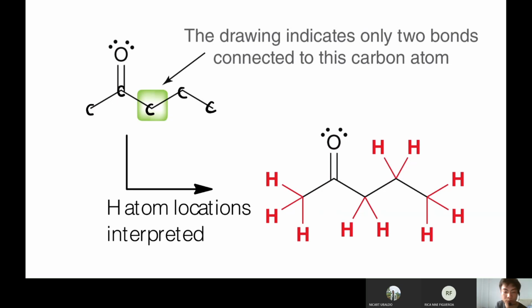So, tignan natin. So, this carbon is bonded to this carbon, di ba? Okay. So, sa 4 valency niya, since tetravalent siya, yung isang valence electron niya, nagamit niya in bonding with this carbon. So, asan yung tatlong valence electrons? So, ginamit yon to bond with other hydrogens.